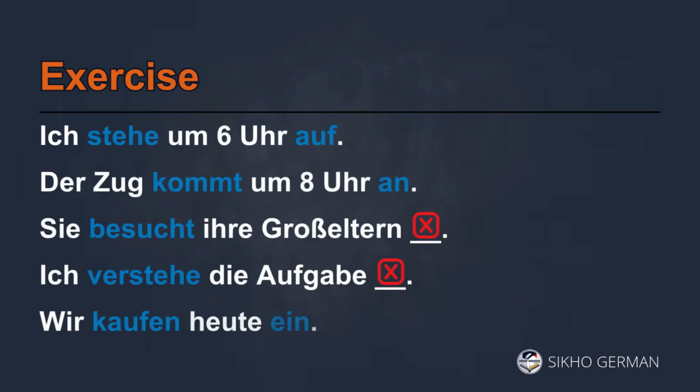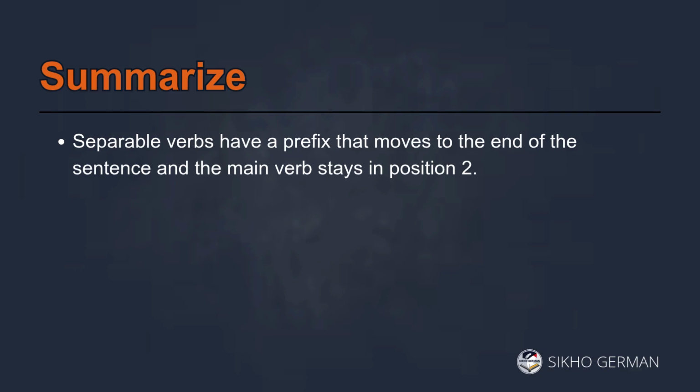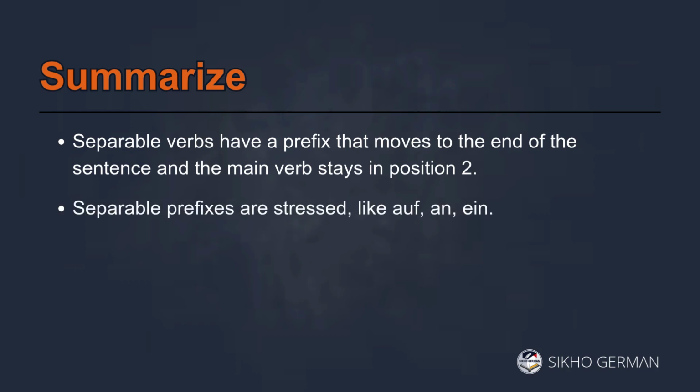Let's check your answers. Great job if you got these right. Let's quickly summarize what we learned today. Separable verbs have a prefix that moves to the very end of the sentence, while the main verb stays in position 2. Common separable prefixes are stressed when speaking, like auf, an, and ein.